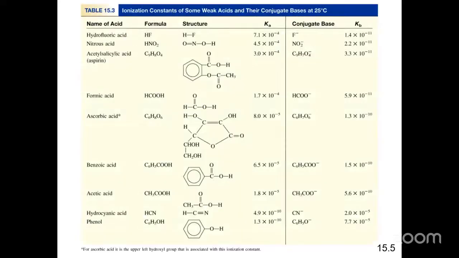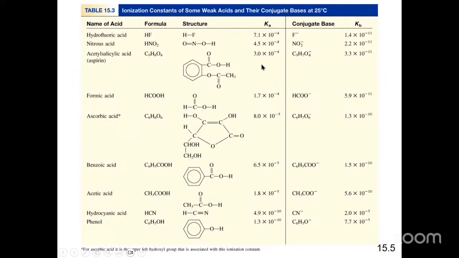And here in this table we have some selected weak acids. For example, hydrofluoric acid, its Ka value is 7.1 times 10 to the minus 4. And down here we have ascorbic acid, which is the same thing as vitamin C. Its Ka value is given right here. Acetic acid has a Ka value of 1.8 times 10 to the minus 5, and so on, all right? Now, let's not pay attention to the right side of the column quite yet. I just want us to focus on the Ka value.